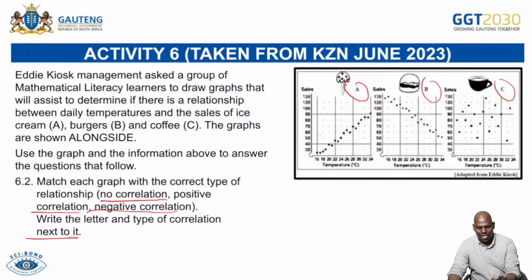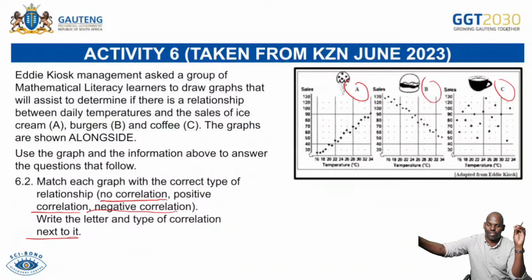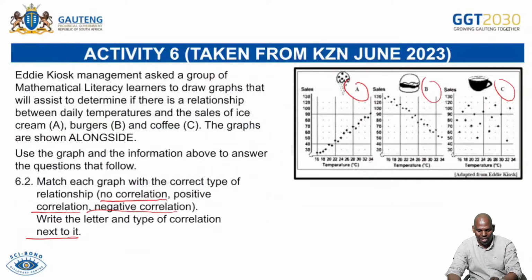Now, scatter plot, you can see that the points are plotted there and then they are scattered. But generally if you look at them, you can see that they are increasing. So it means in this case, when the temperature increases, the number of sales of ice cream also increases.